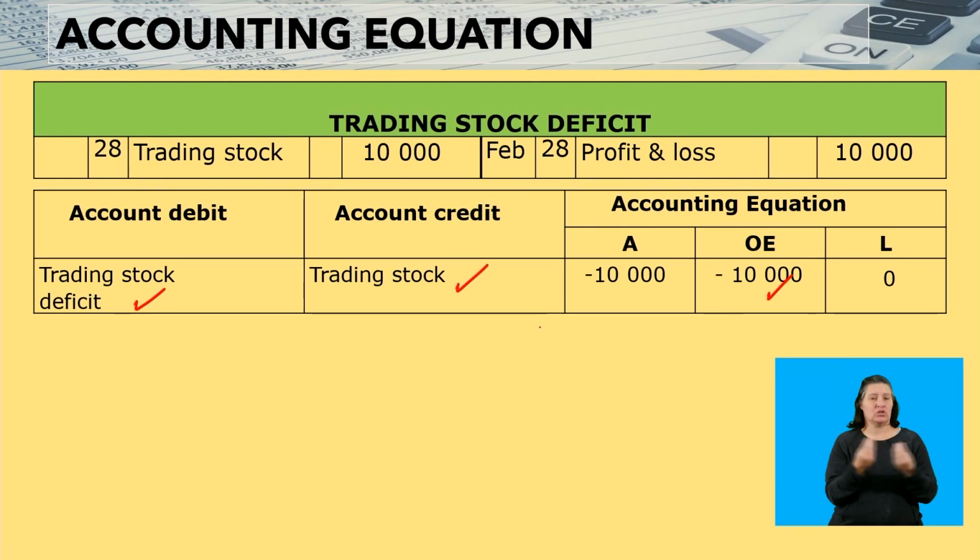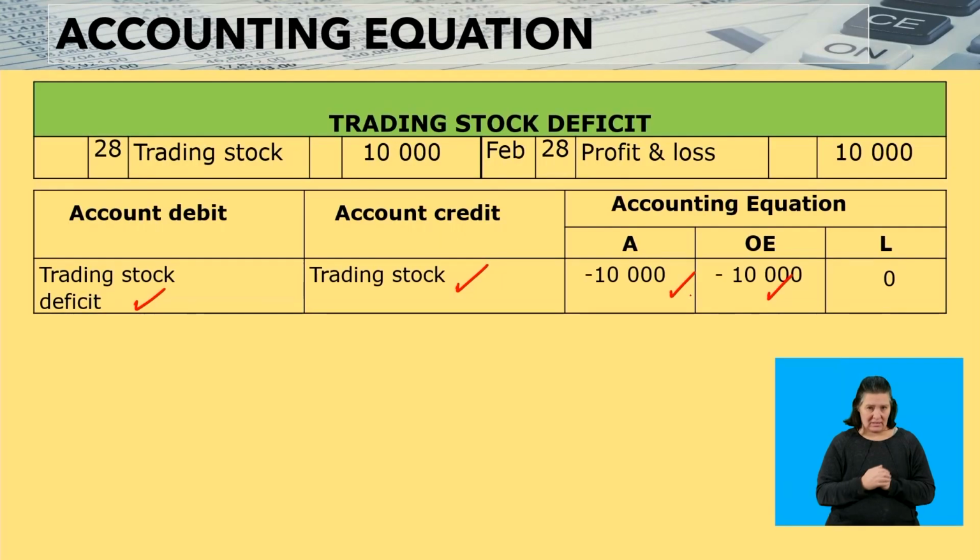And then we will credit our trading stock account, and trading stock is an asset. Therefore, our assets will decrease. This transaction will not have an effect on liabilities, hence on your liabilities, it will be 0.